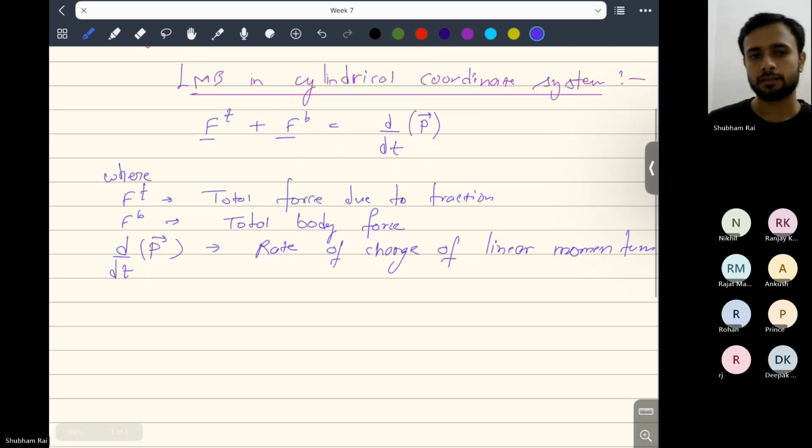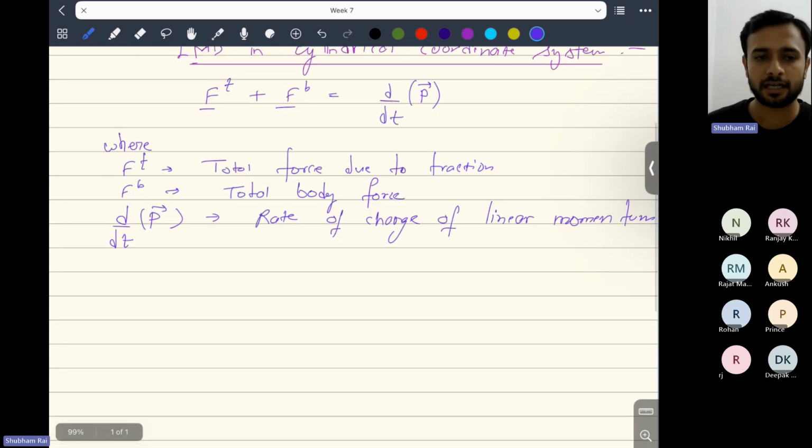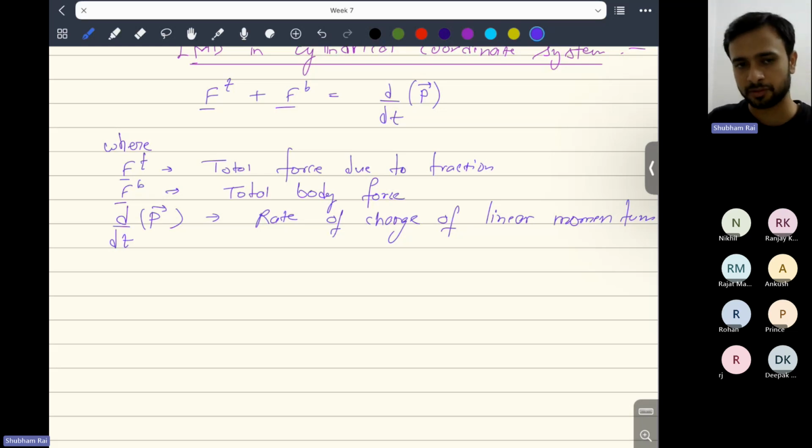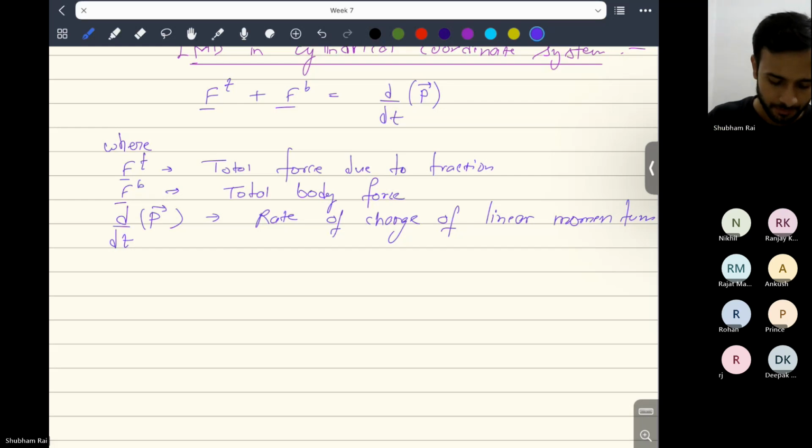Then in the class, we derived the components of this traction force. Traction will be there on the z plane, on the r plane, and on the theta plane. Let me write all the three components.